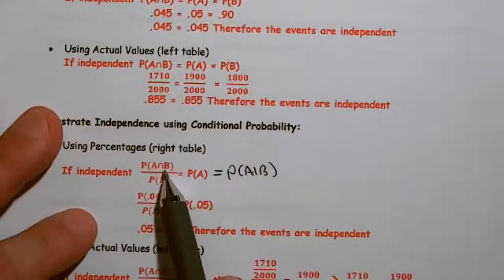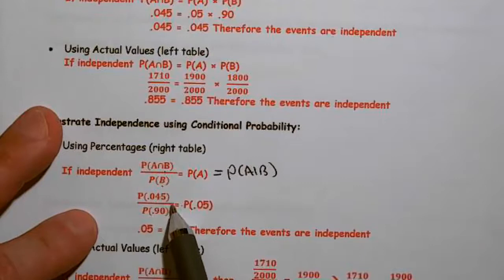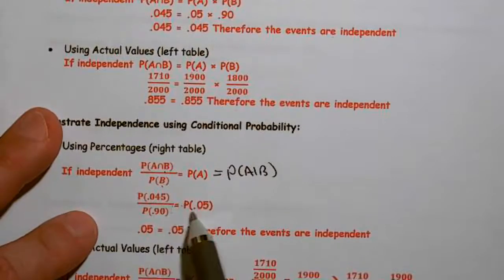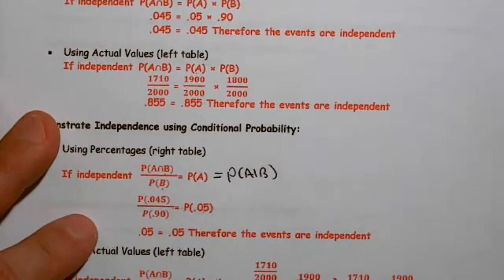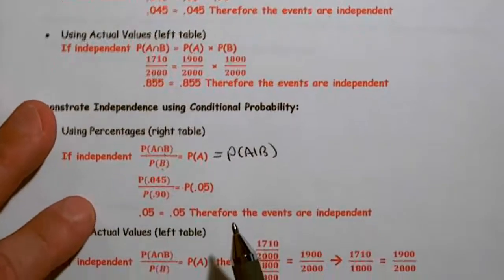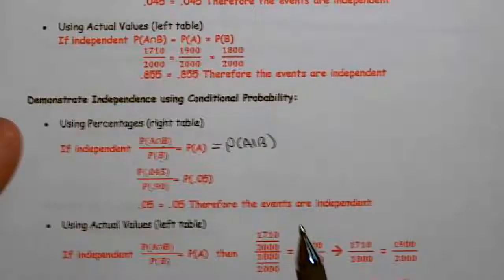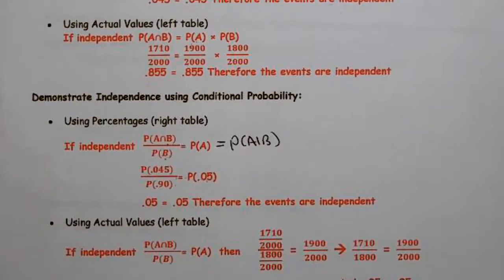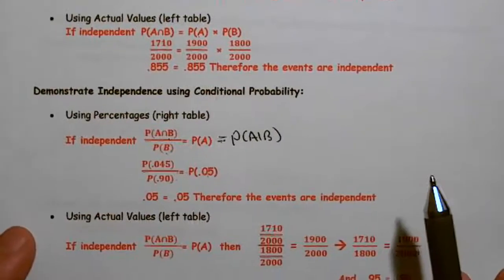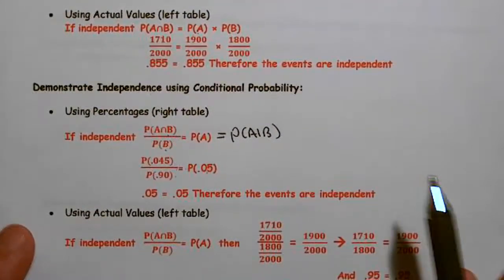Well, sure enough, my intersection divided by B equals A. Because that's true, they're independent. I could do the same thing using actual values. The only thing with actual values is that all we're doing is dividing by 2,000. A little bit uglier, but it still does the same thing.